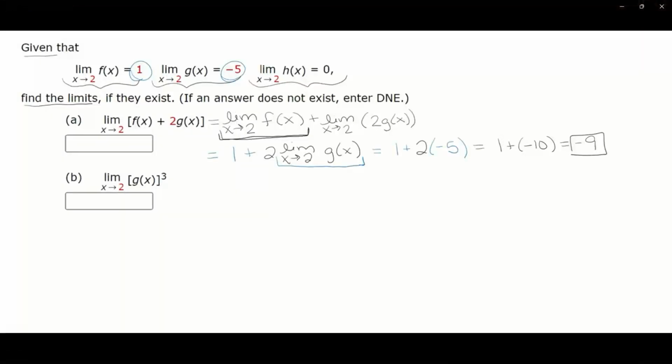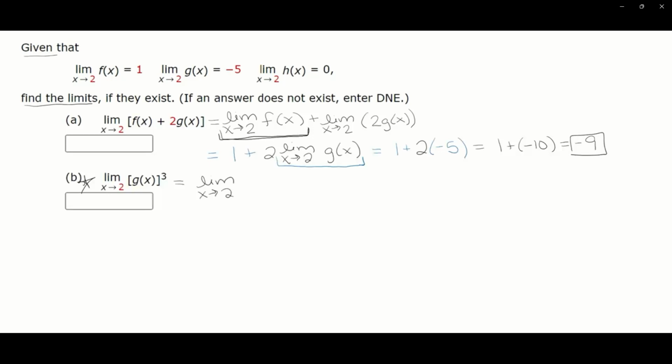Alright, so moving on to part B, we have the limit of g of x to the power of 3 as x approaches 2. So we actually have the limit of g of x, but we're looking for g of x to the power of 3.